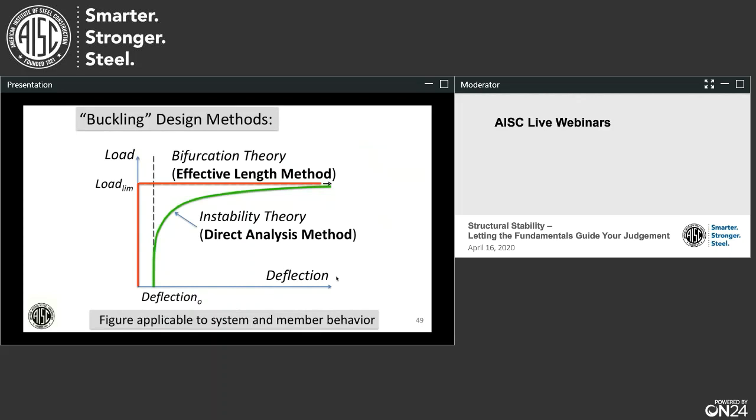The direct analysis method, its whole concept lends itself more to this: you have a small perturbation that grows into an instability. Once we could have that conversation, they realized that with the direct analysis method, I've got to stop thinking bifurcation, and I've got to think, quote unquote, gradual failure. Gradual could be very quick and instant, or over a process of a few seconds, but gradual meaning it starts as a small imperfection that grows into a very large imperfection.